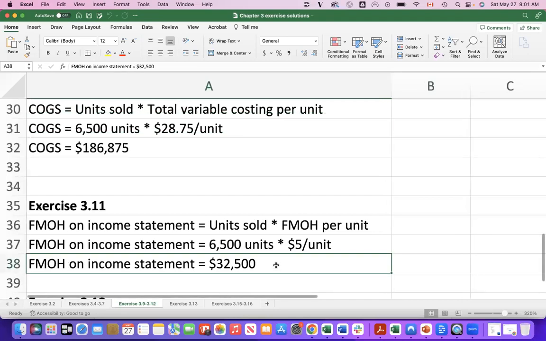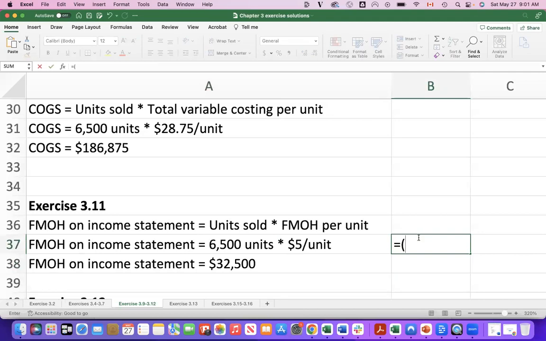That means we will report, included in that cost of goods sold on the income statement under absorption costing, $32,500 worth of fixed manufacturing overhead. Notice it's not the entire $35,000. There's $2,500 left over, and the reason is because we didn't produce 6,500 units. We produced 7,000 units.